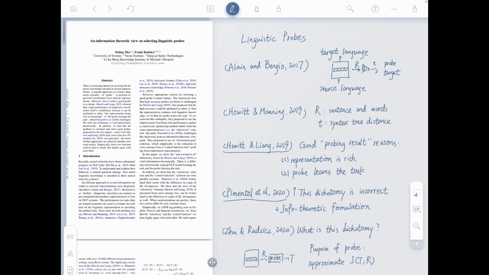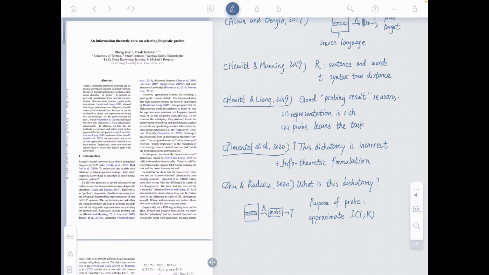In addition, Hewitt and Liang 2019 proposed to contrast the probing accuracy with the accuracy of a control task. The control task is basically the same probing task setting, but they randomize the target.